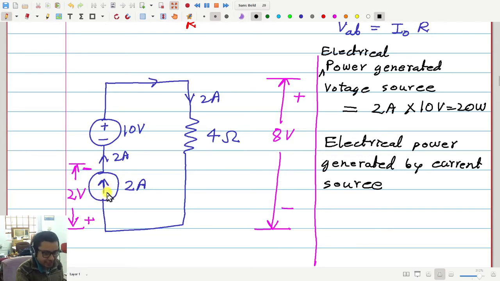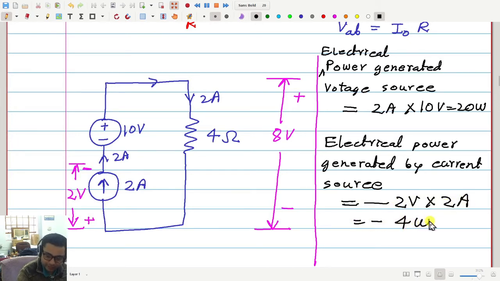That means electrical power is actually consumed. Or we can say negative power is generated, which is 2 volt multiplied with 2 ampere, which is minus 4 watt. Or you can say that plus 4 watt is consumed.